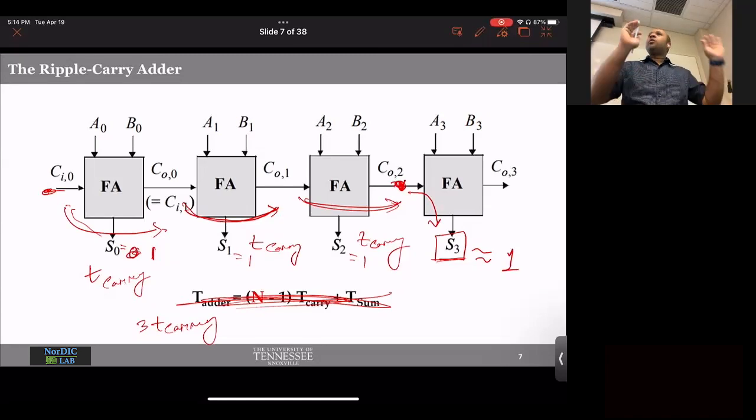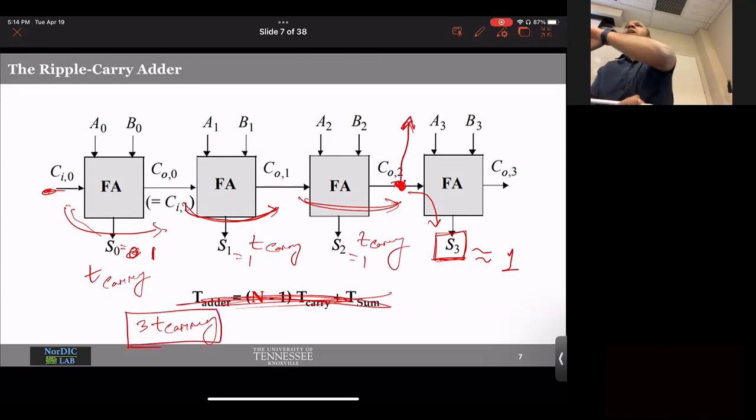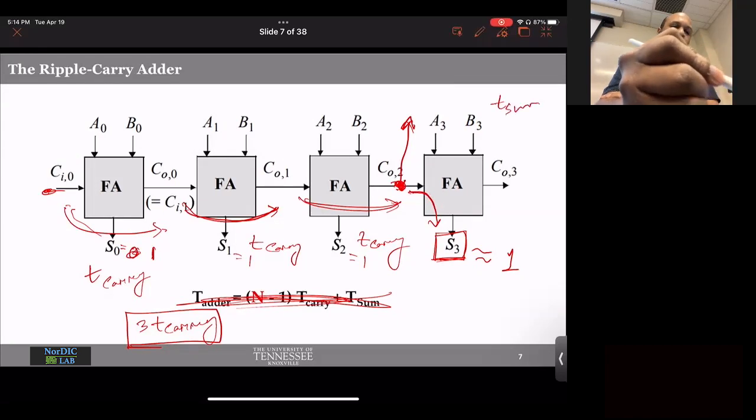So you just define your addition delay in terms of the delay that you incur to finalize the value for S3 or S4 or whatever is the last bit. That will define your delay. Now see, now you are at this point. How much delay have you already incurred? 3 times T carry. Make sense? And then afterwards, let's consider that one stage takes T sum to calculate the sum.